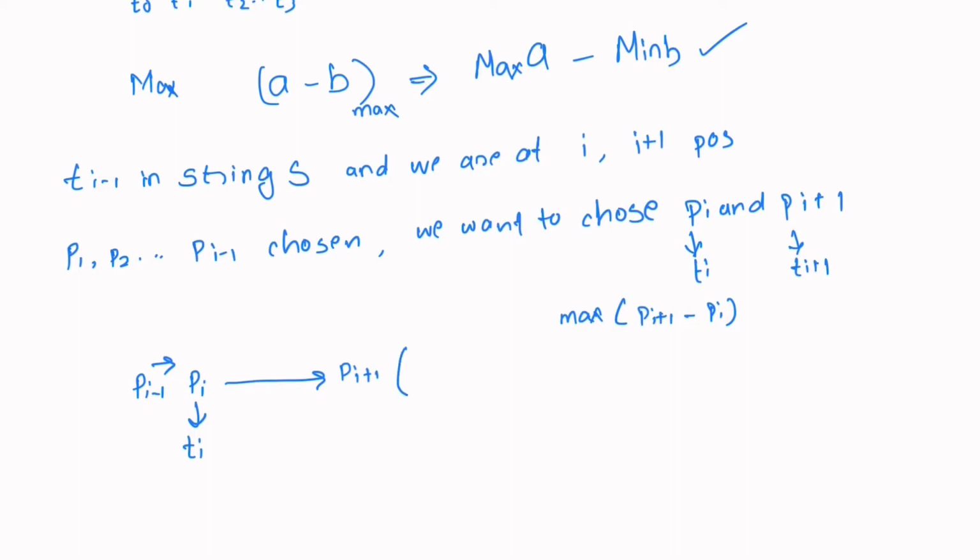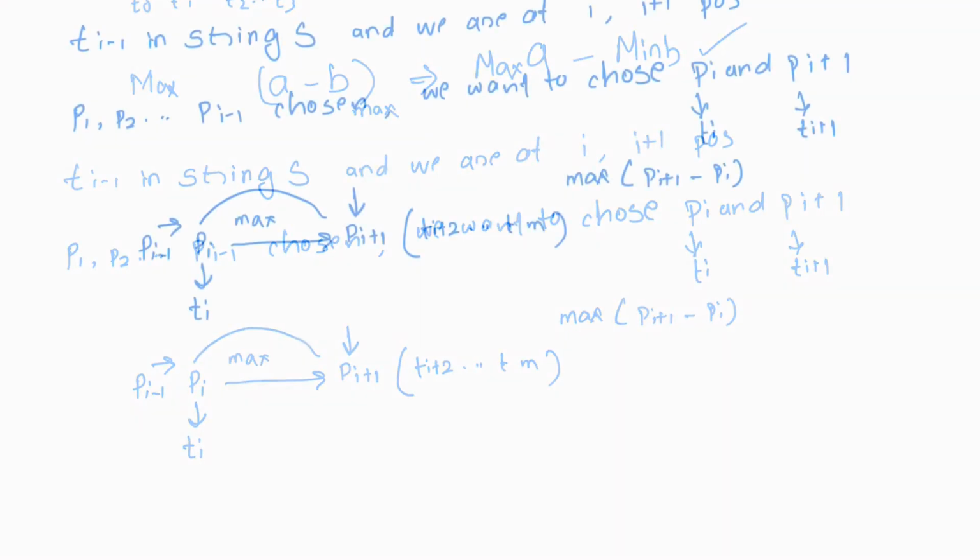such that the latter part of the string, that is t of i plus 2 up to t of m, is available in this part. So this is the farthest position such that after it I can still make the remaining part of the subsequence for string t. So this would mean that this difference is now maximized.